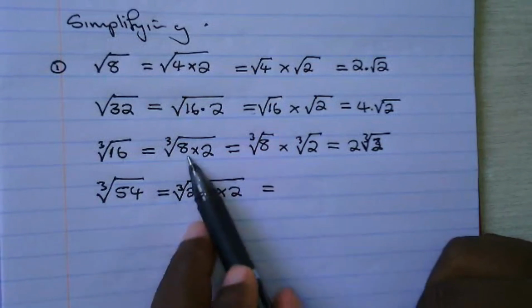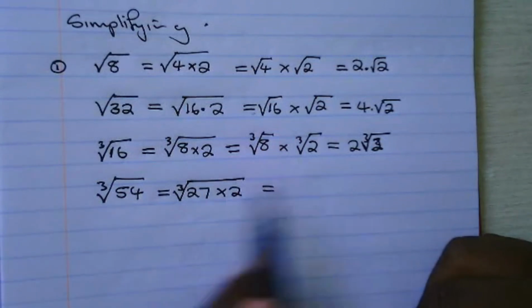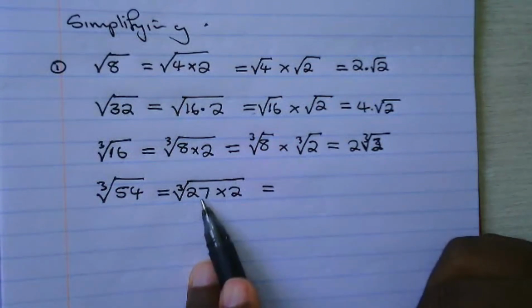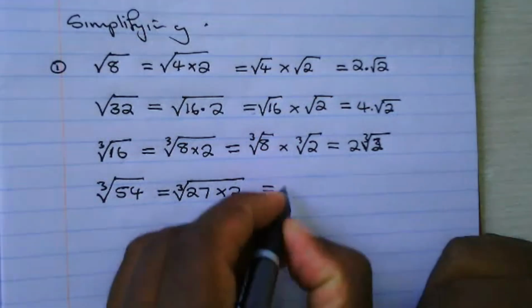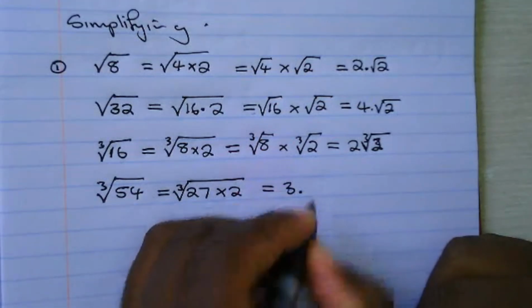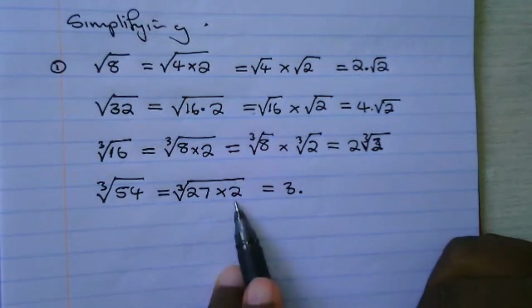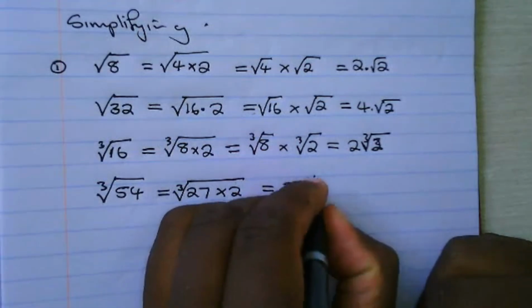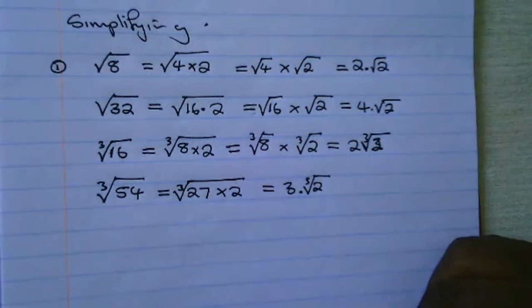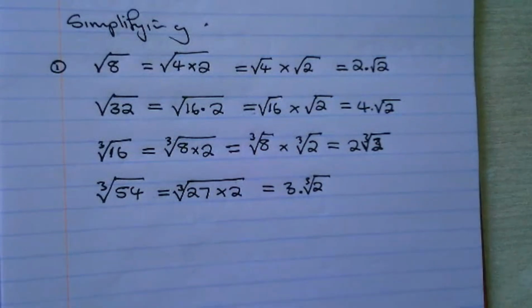Knowing that, we are going to write them separately, so we can simplify from here. Cube root of 27 is 3, and cube root of 2 remains cube root of 2. That's how we simplify surds.